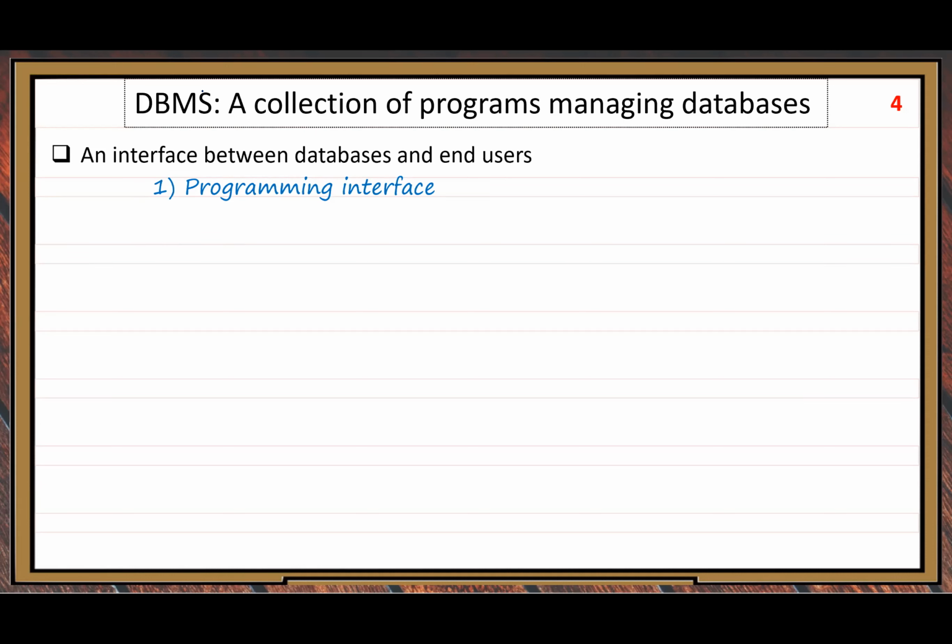Another type, administration interface. That's for business users. Business users need to access the databases, but they do not need to access in the programming way. They do not write programs, so they do not use the programming interface. They use the administration interface.